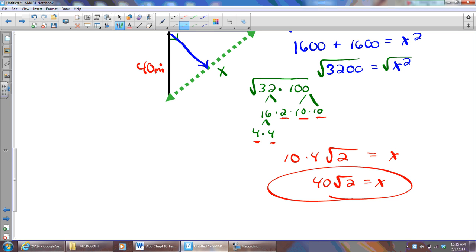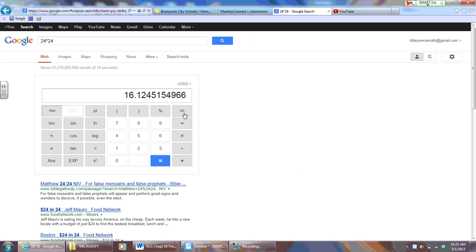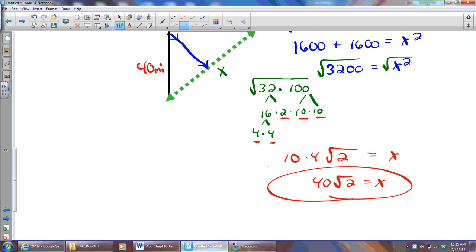If I actually wanted the distance, I could then do 40 times the square root of 2. Let's do that real quick here. Okay. So I'm going to go 40 square root of 2, close that parenthesis, and there we go. About 56.6 miles, 56 and 6/10 miles.